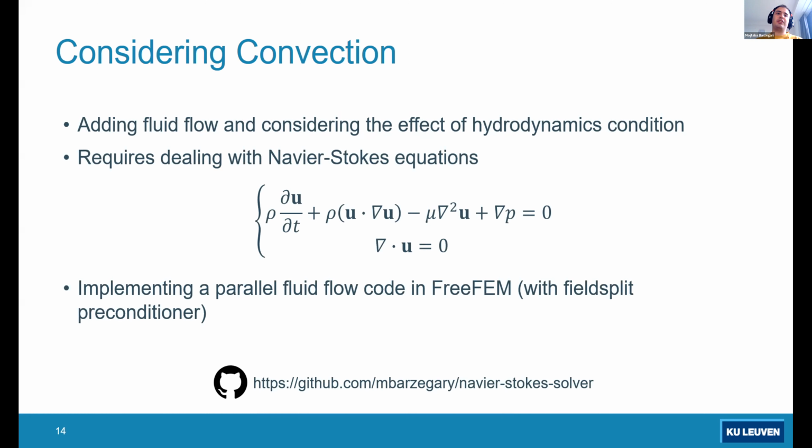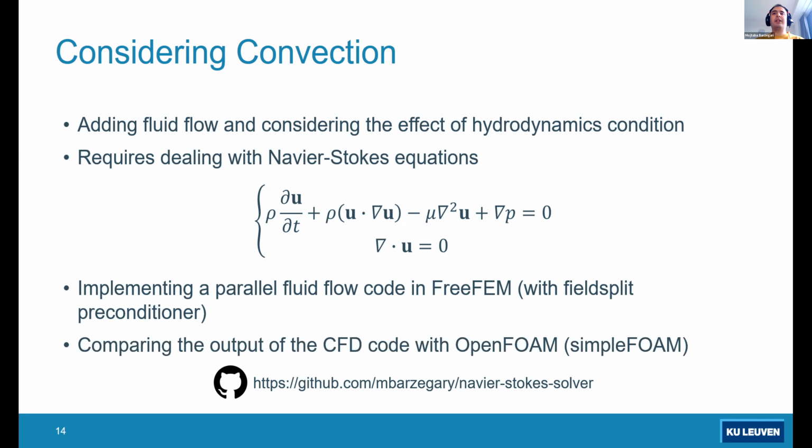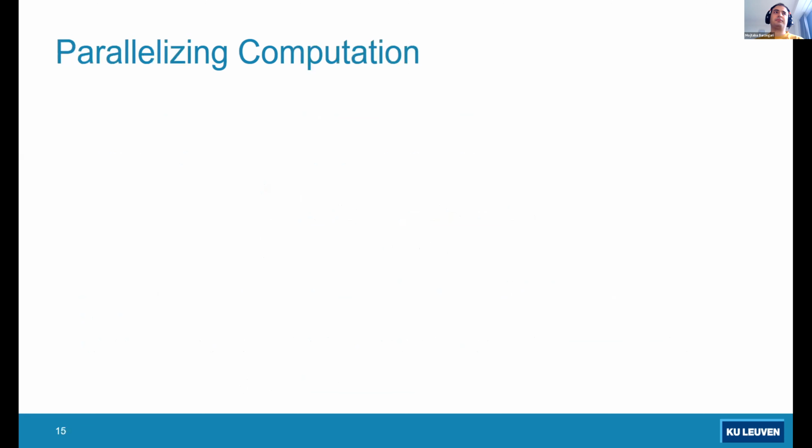I'm really happy that we had those discussions in the community with Pierre and other people. And one important aspect is that I've compared it with other CFD codes like OpenFOAM to be sure that the CFD part produces results that are valid from the numerical perspective as well.